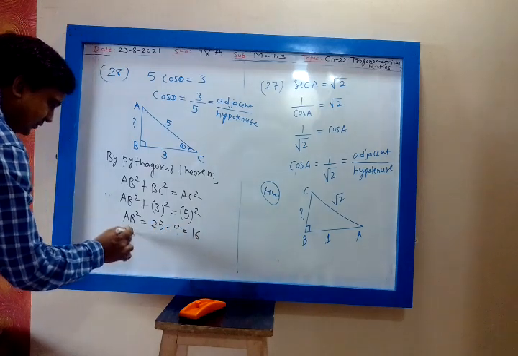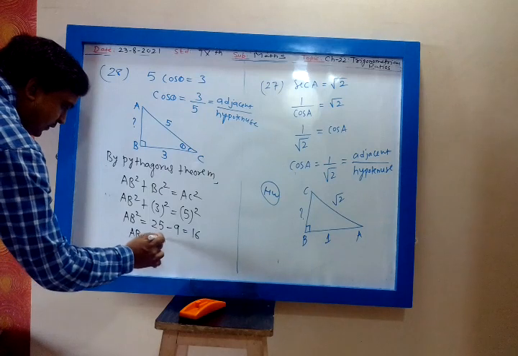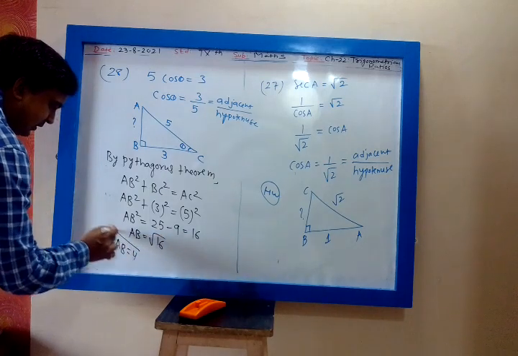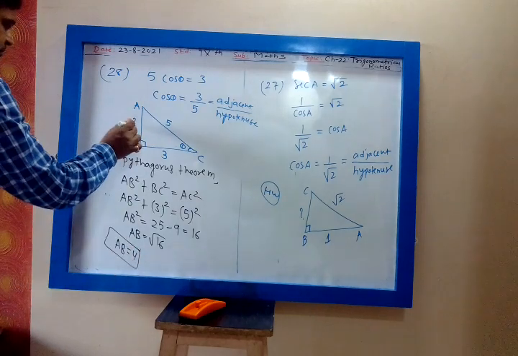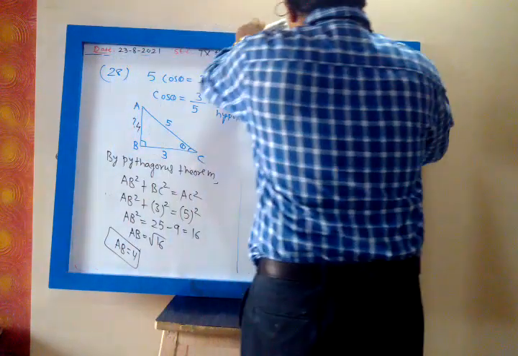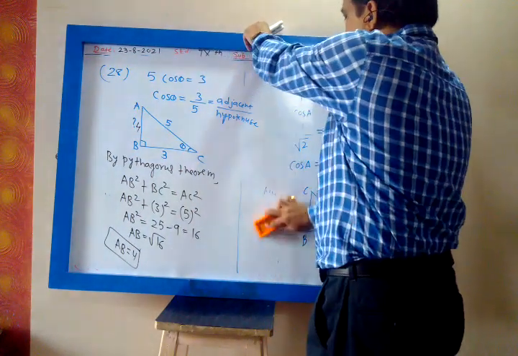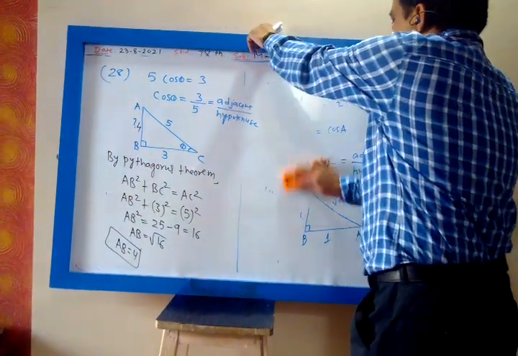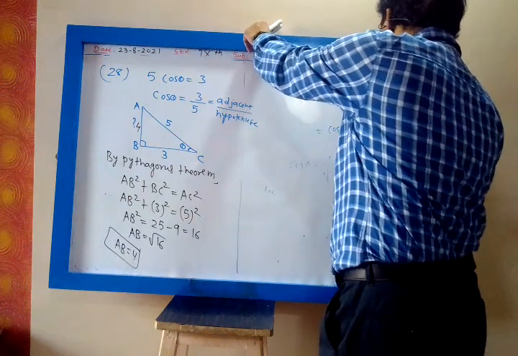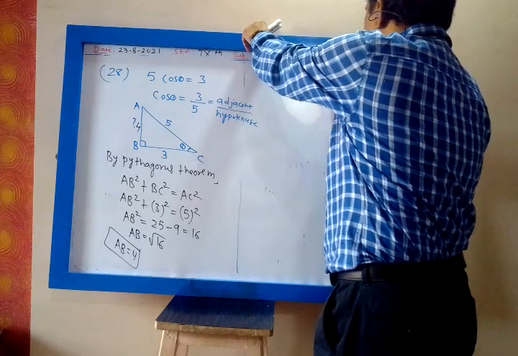AB is root 16, so AB is 4. Now to find cosec theta, first you find sin theta and take the reciprocal. You can directly find cosec theta, no problem.